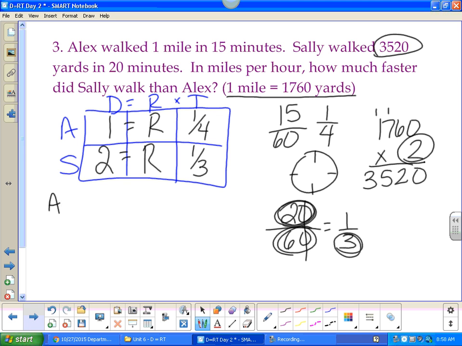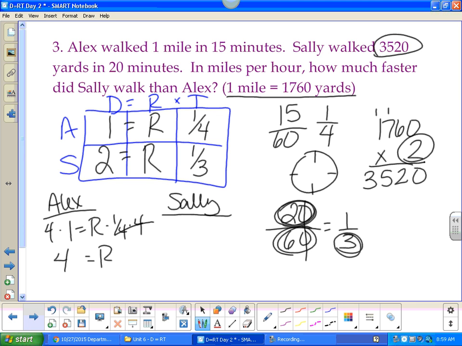So now let's set up an Alex equation and a Sally equation. And it says how much faster was Sally? She was 2 miles an hour faster.